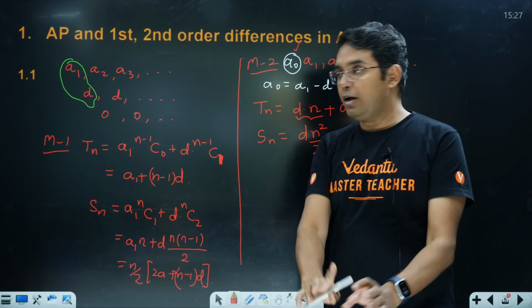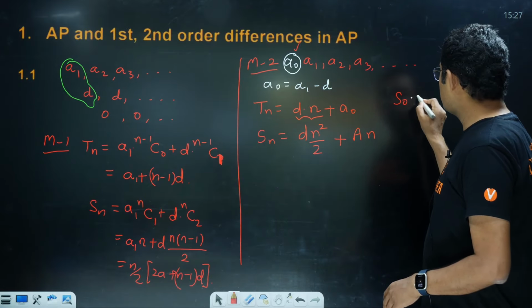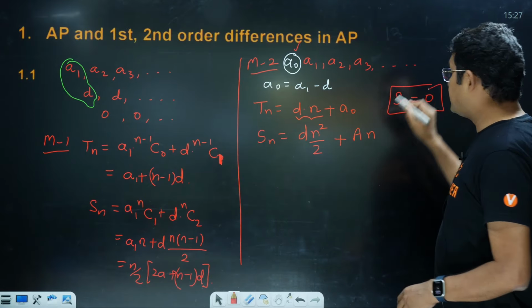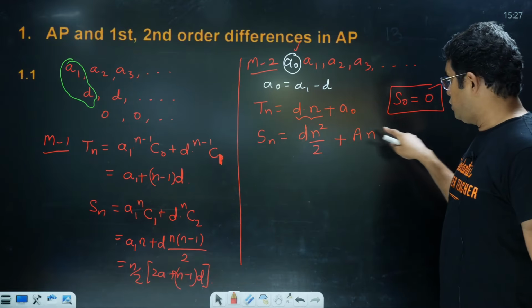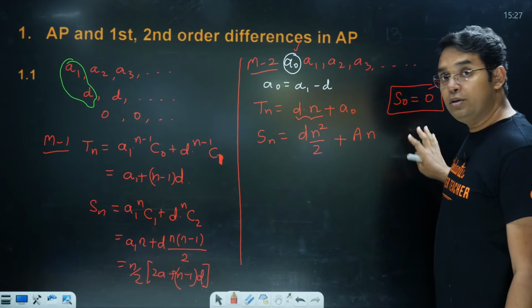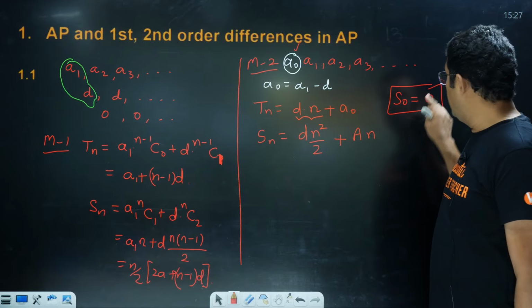The characteristic of any Sn for a sequence should be that S0 has to be equal to 0. When we are saying sum of 0 terms, that means you are not adding anything, so the sum has to be 0. So if you are writing any constant term that is not 0, then this S0 cannot be 0, hence it has to be 0 here.